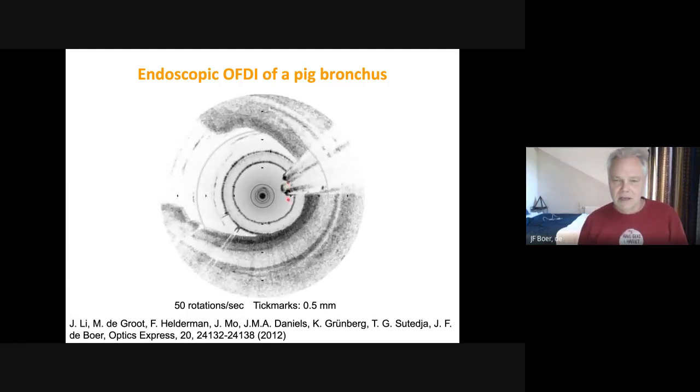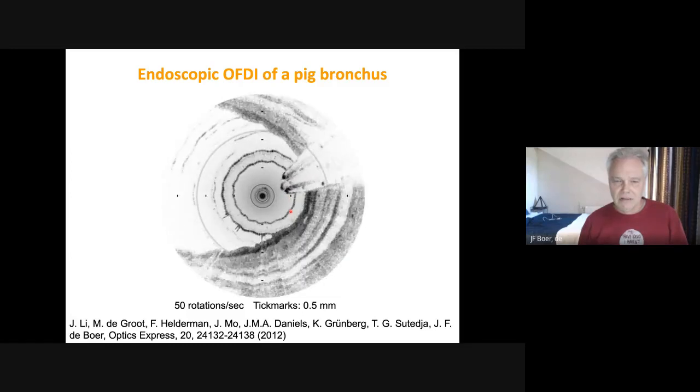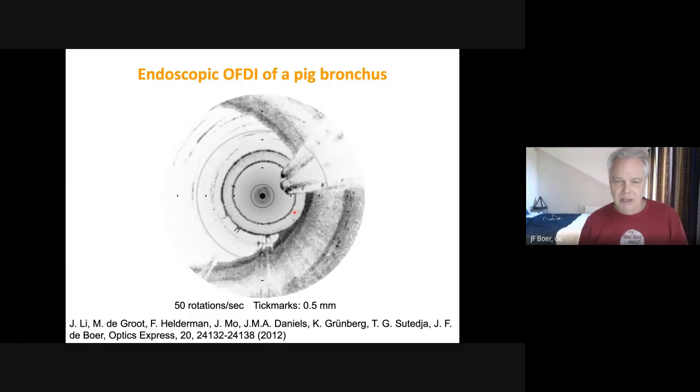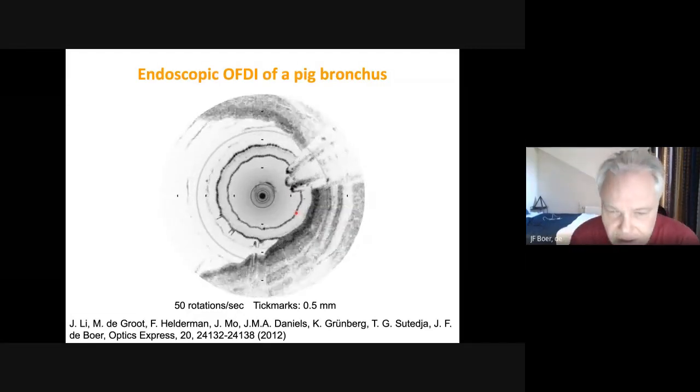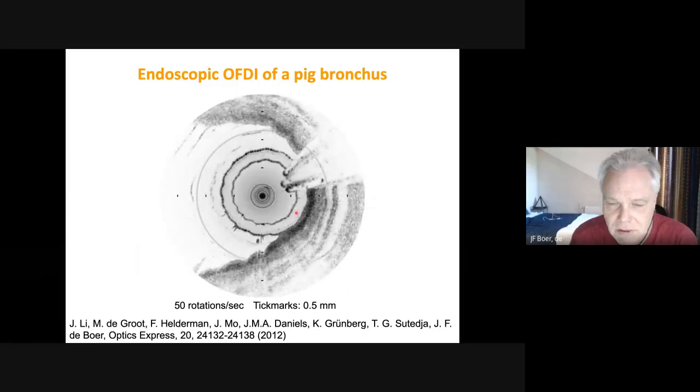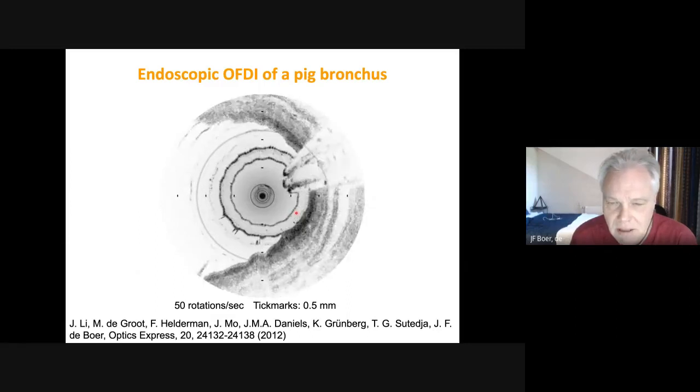This here is the catheter sheath, where I put my pointer right now. That's in the middle of the catheter sheath, and then everything you see outside of that catheter sheath is the tissue of the pig lung.